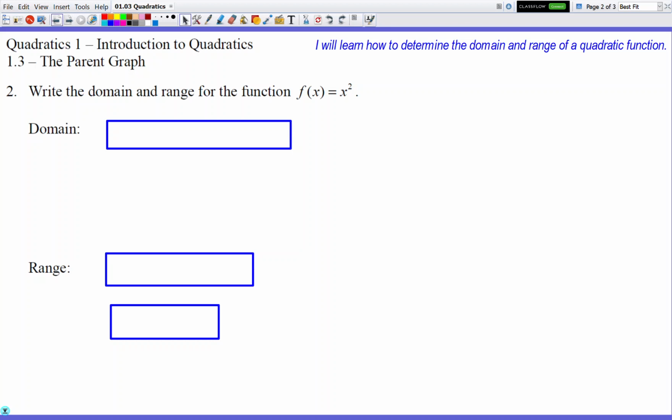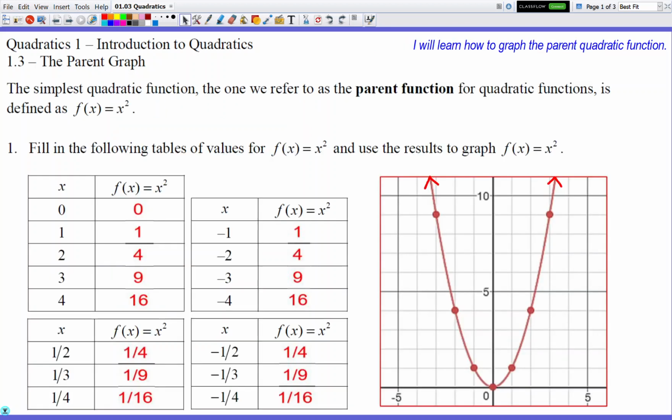Let's go back to the graph, and let's take a look at the arrows that are facing up. These arrows are facing up, signifying that the graph goes up forever. But what kids sometimes fail to realize is, yeah, it's going up, but it's not going straight up. As it goes up, it's also going to be going left and right.